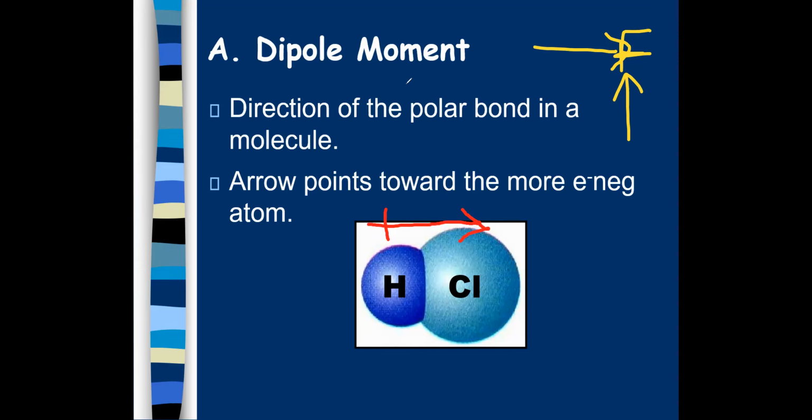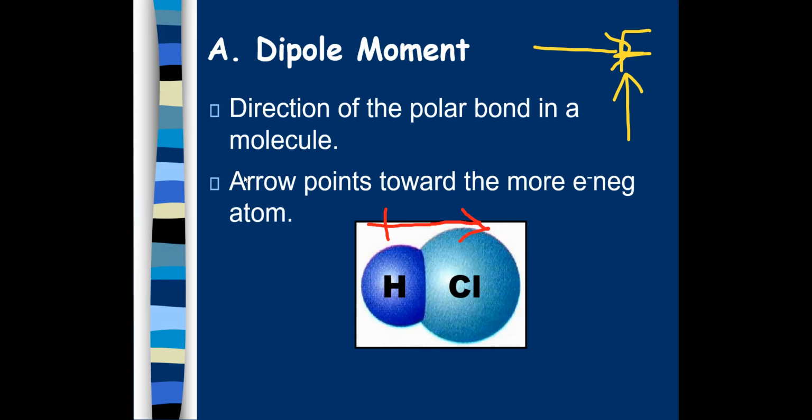All right. So in order to know if this is a polar molecule, which it is, you would have to know whether these forces are going to cancel or not. Well, this one is not because there's only one, right?